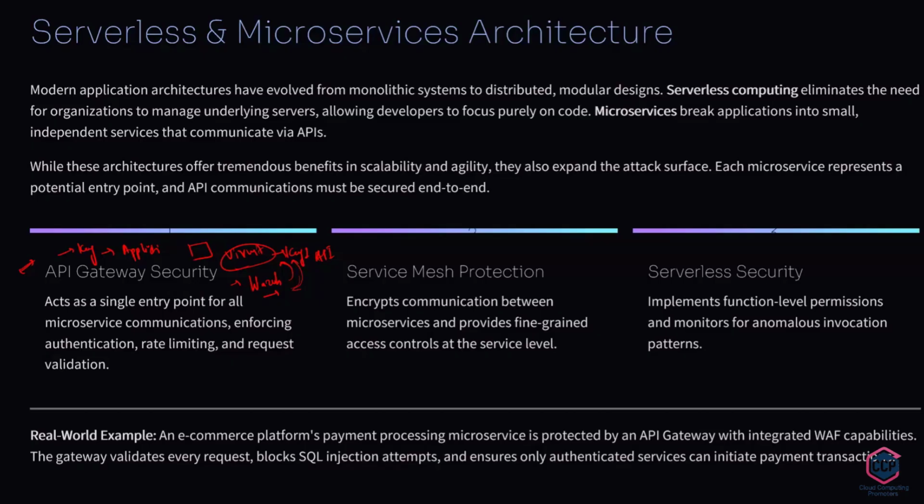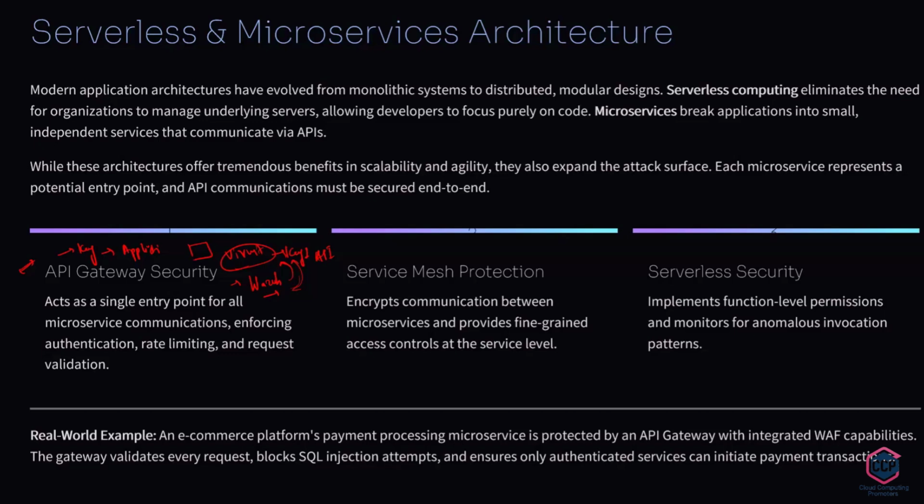Okay, with mesh protection, we encrypt communications between microservices, meaning low-level information transmission. If we have any document where we have to keep permissions, we already applied that in Entra, so it will take care of that.